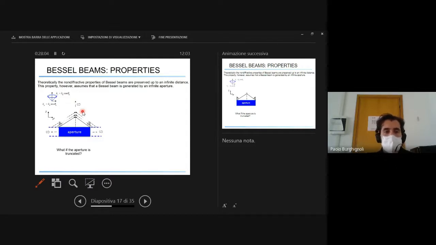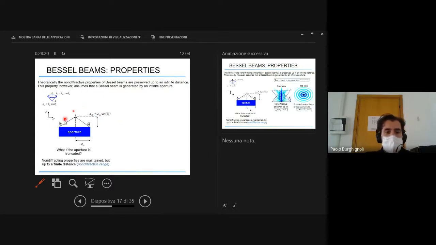However, if the aperture is truncated, the last emitting rays from the aperture fix the maximum distance that can be achieved when these rays beat one another in a constructive way. And this geometric interpretation gives an approximate formula for the non-diffractive range of a Bessel beam generated by a truncated aperture that has a radius called here rho sub AP, which stands for aperture.